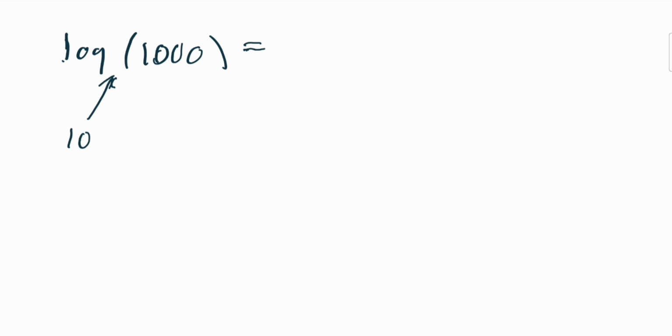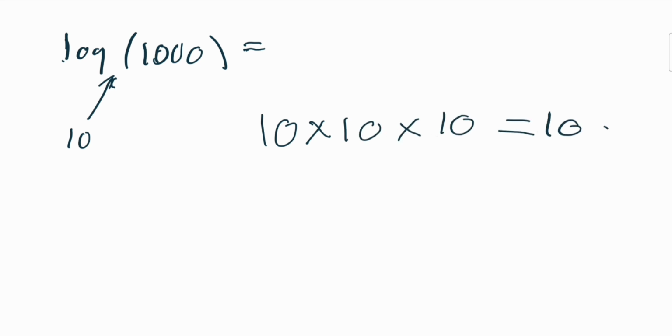How many times is 10 multiplied by 10 to get 1000? 10 times 10 is 100, so 10 times 10 times 10 is 1000. Another way you can remember it is by the zeros. As 1000 has 3 zeros, 1, 2, 3, that means that it is 10 to the power of 3.